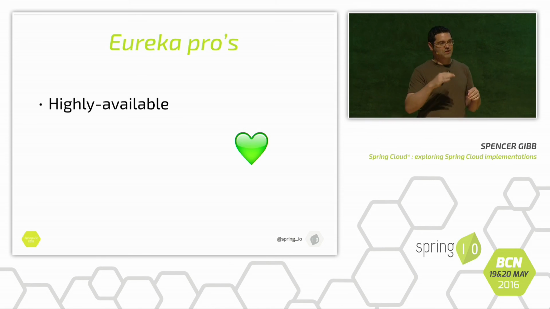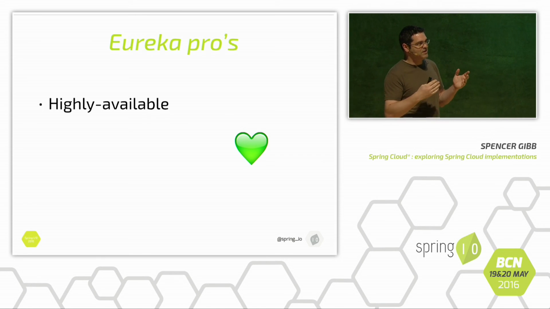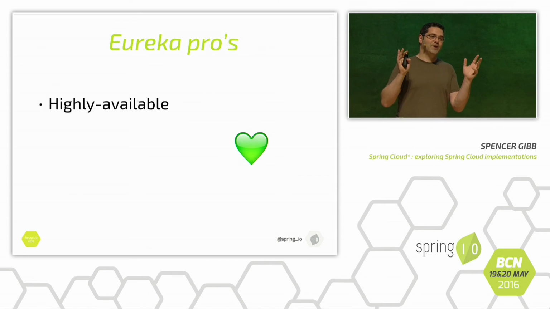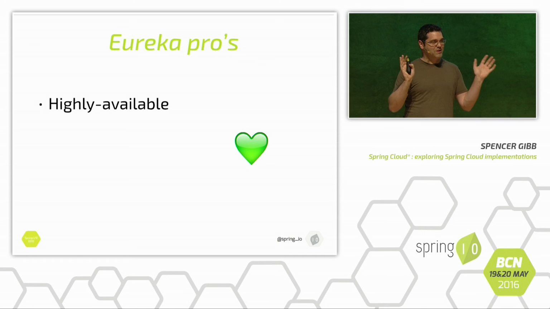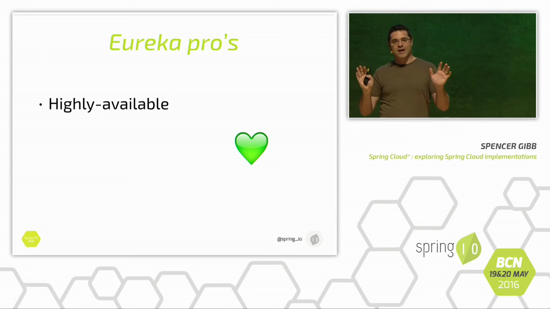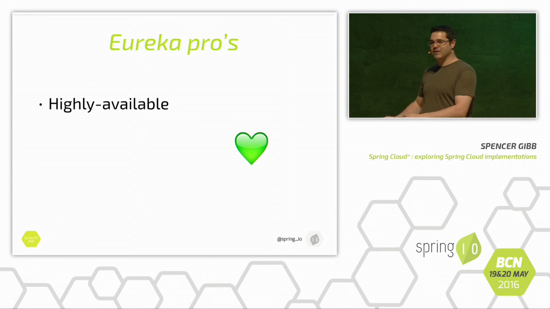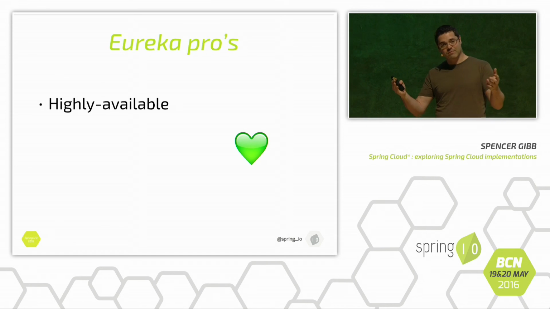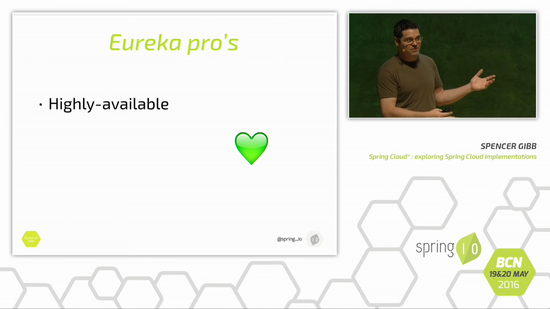And once it reaches a threshold of clients that aren't talking to it, what it thinks should be talking to it, it says, okay, the outside world is having trouble. I'm going to stop dropping, because after a while, if it doesn't receive a heartbeat for a particular service, that service is gone. I shouldn't serve it up to someone else.